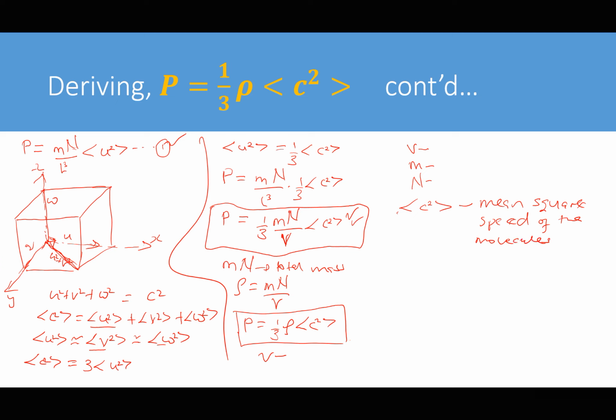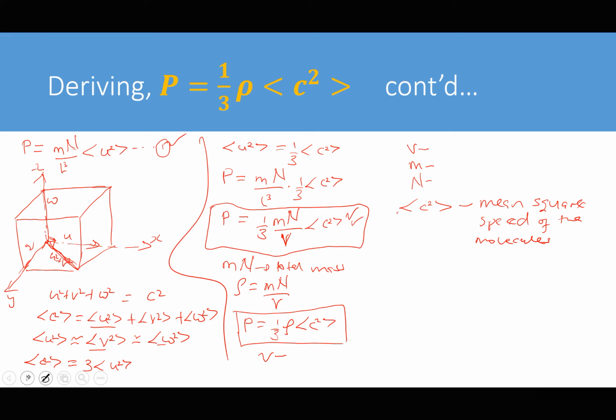It is not the speed of one molecule. It is the mean square speed of the molecules of the gas. So you are going to always be able to play around with this expression in any way you want, as we are going to see later on. So let's continue to the next slide.